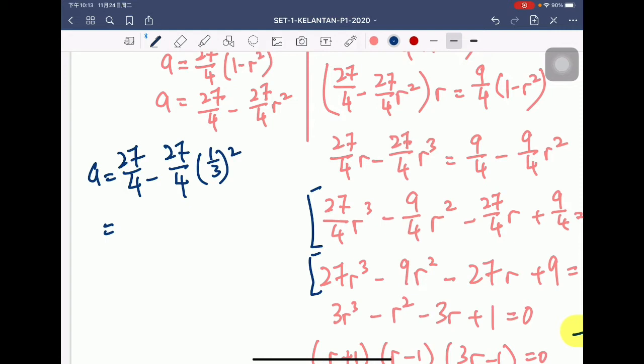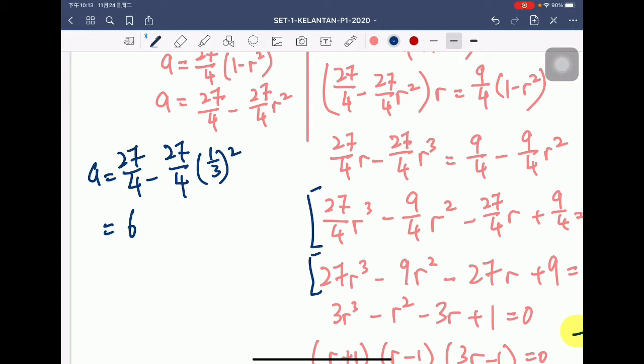Just press the calculator: 27 over 4 multiplied by 1 over 3 squared, then 27 over 4 minus that answer. You will get 6, is it? Okay, let me check whether the answer is correct or not.